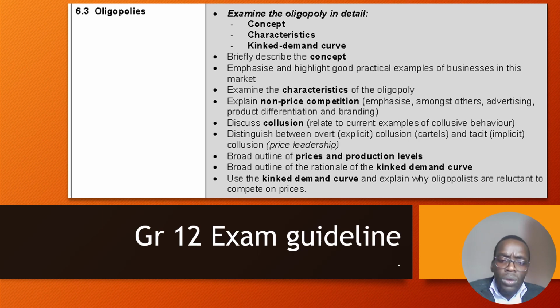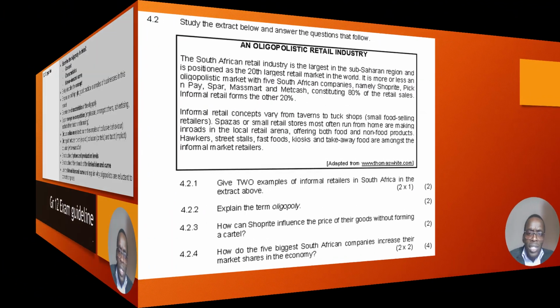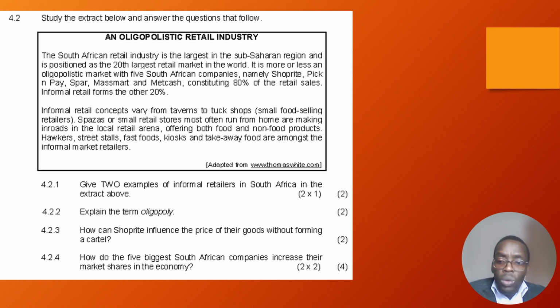Okay, now let's move on. Today we are going to be looking at specific past exam question papers, and you need to note that I've taken these questions that have been assessed from 2017 right up to 2022.